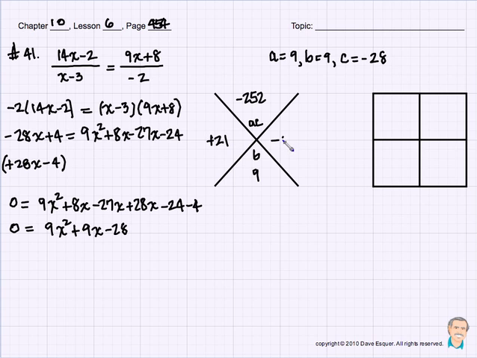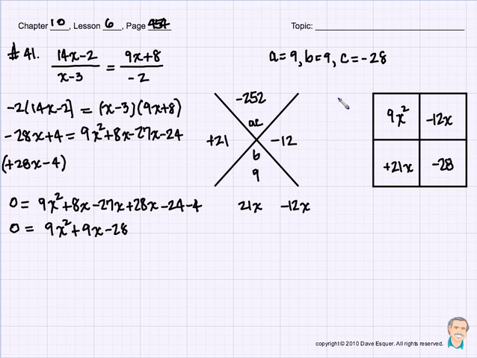And our terms turn out to be 21 and a minus 12. So we've got a 21x and a minus 12x that we're going to have to place. In our box we have 9x squared, we have minus 28, we have minus 12x, and we have 21x.